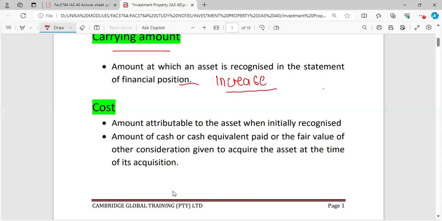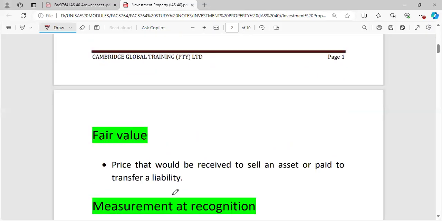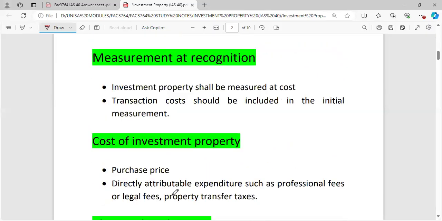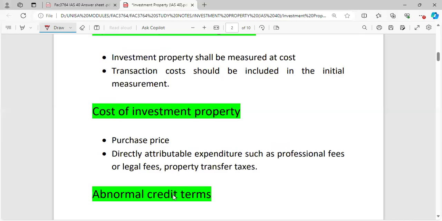So which means we're going to have the cash paid. Let me just go down. Right, so on the cost of investment property, in your question, you look at the cash purchase price and directly attributable expenditure.